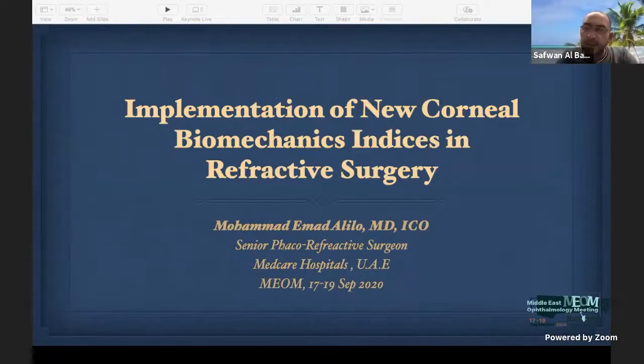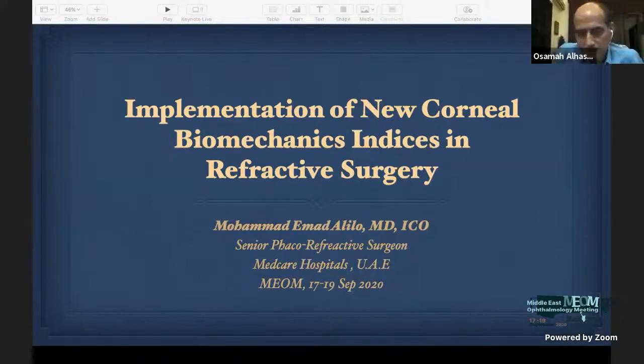Okay. For higher order aberrations, if it is more than 0.5 diopter or more than 0.35 micrometer, we include this in our assessment, because SMILE surgery or even optimized LASIK may increase these aberrations. That's why we need to know whether these aberrations are treatable, as Dr. Osama Jaledi said.